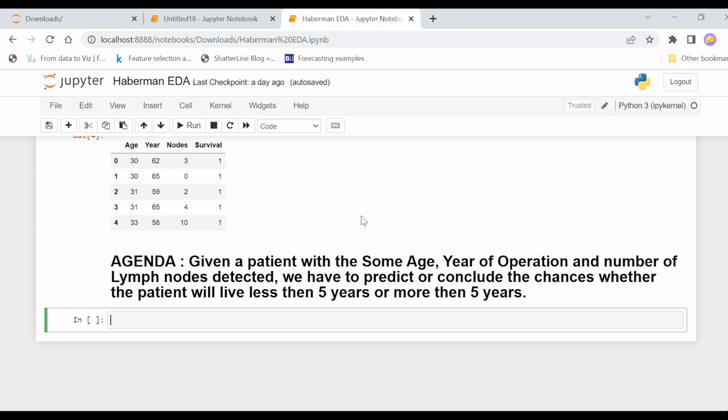Such kinds of patterns can be found in an exploratory data analysis, or EDA.